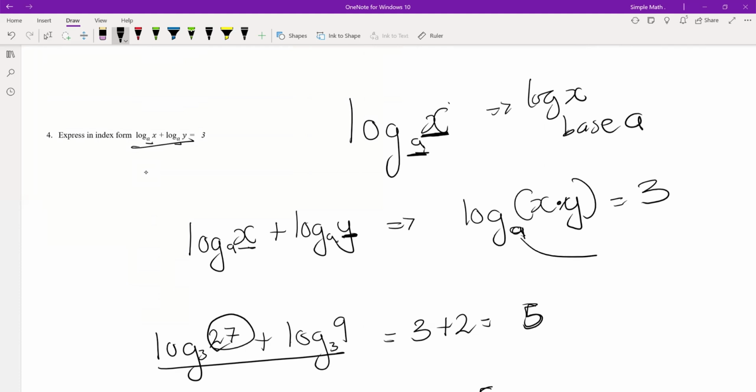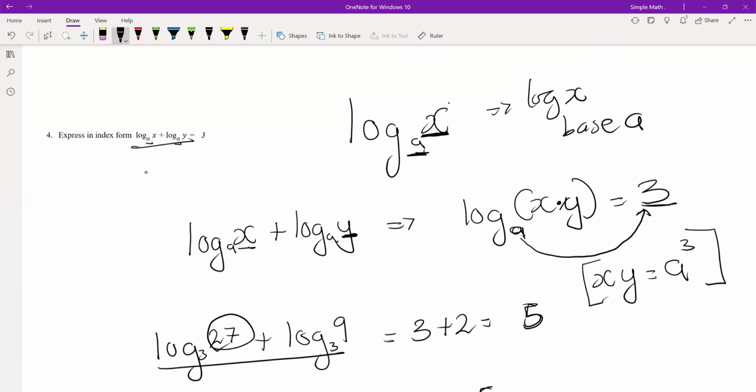We move the base a to the other side and raise it to the power of 3. That becomes xy equals a to the power of 3, or x times y is equal to a to the power of 3. So this will be your answer in index form.